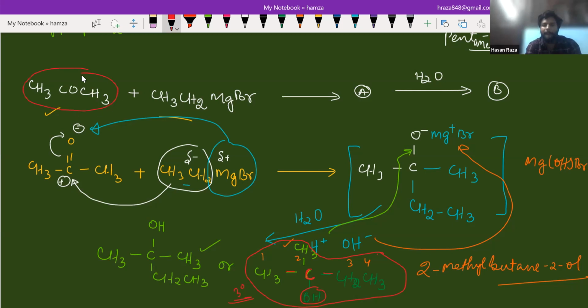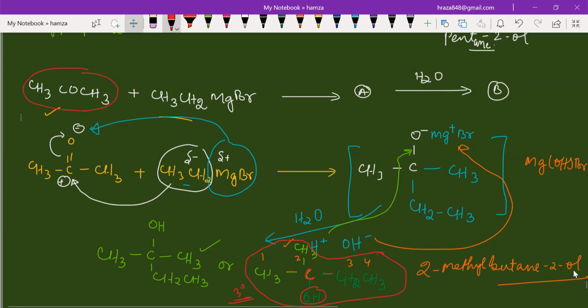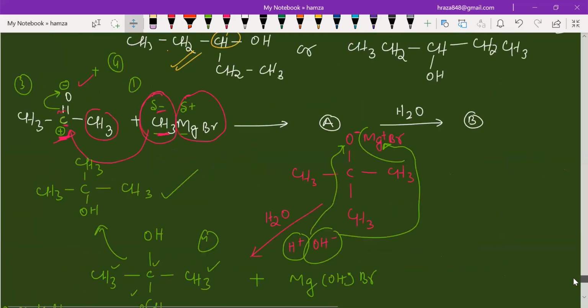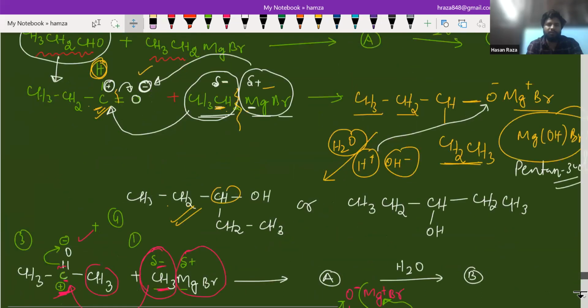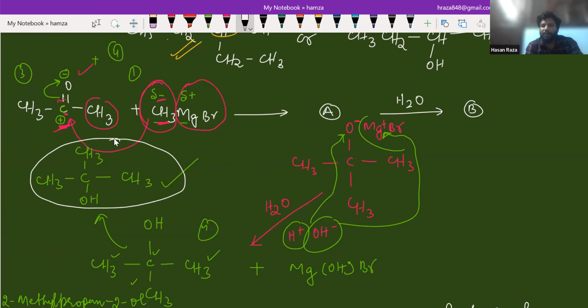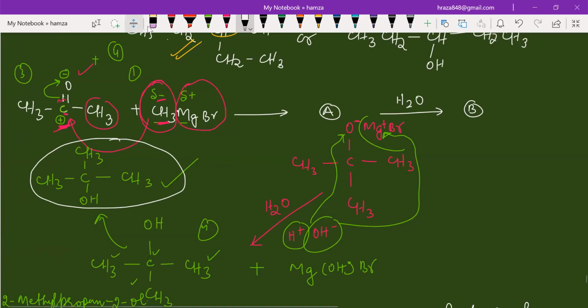Ketone, yes or no? Yes, sir. Now, this is also ketone. Tell me the degree of alcohol. Where is alcohol? 3 degree. Again, 3 degree alcohol, tertiary. Everyone getting it?